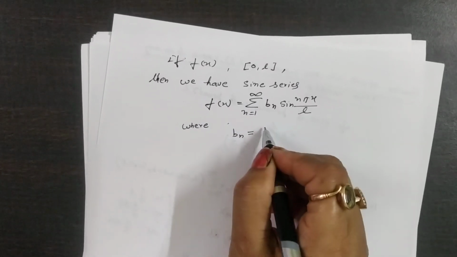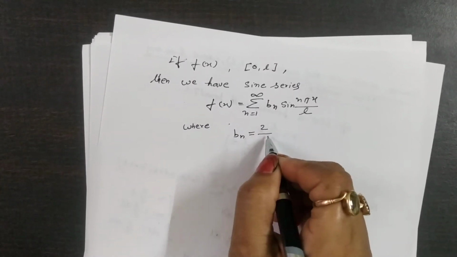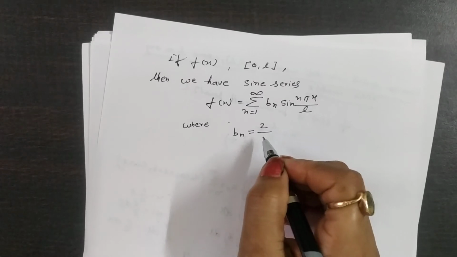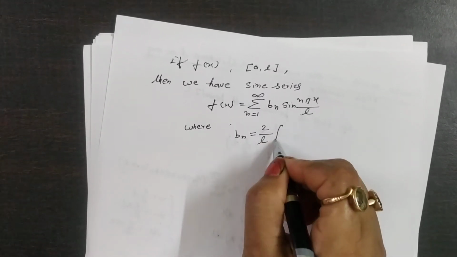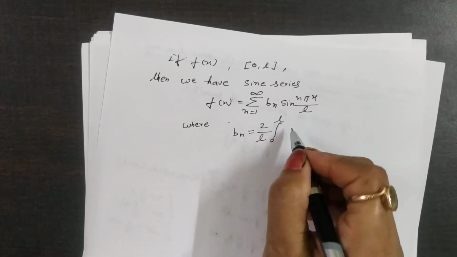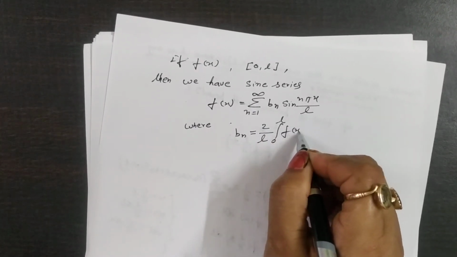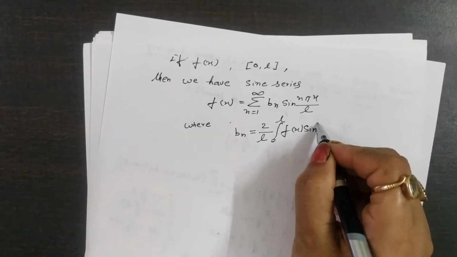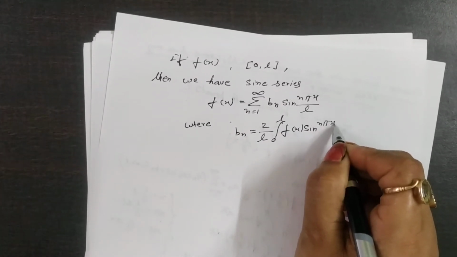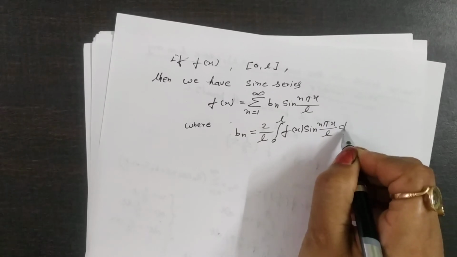Because here it is minus L to L, this can be written as 2 by L, integral 0 to L, f of x sine n pi x by L dx.